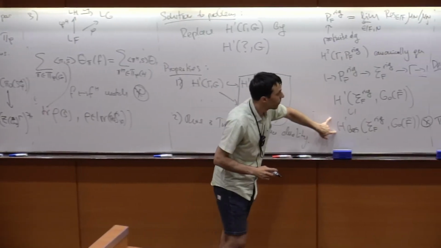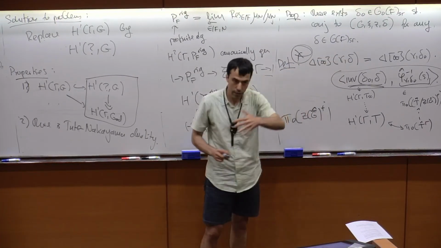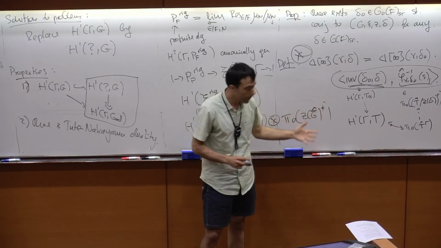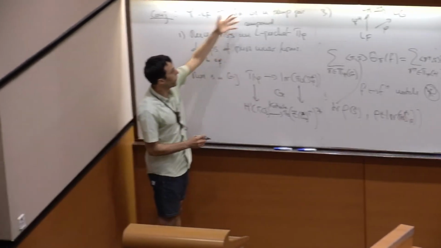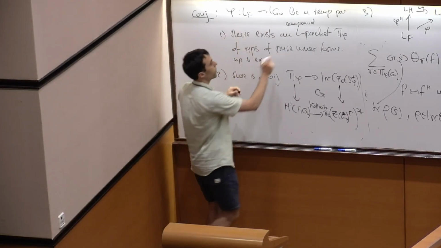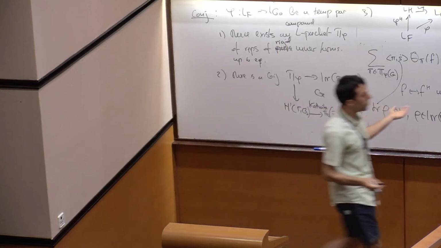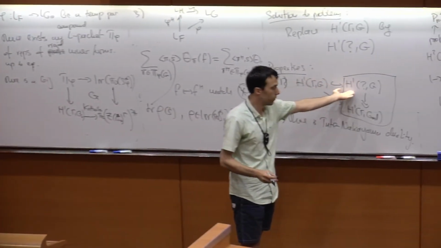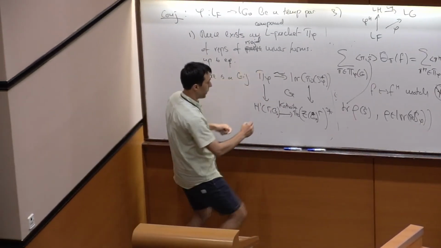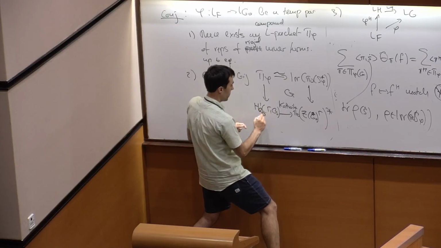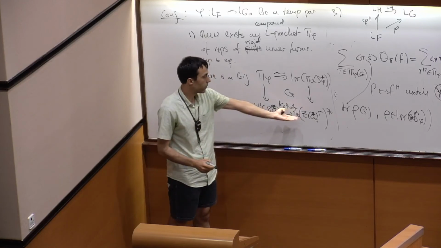Using this Tate-Nakayama duality pairing, I can extend the transfer factor in exactly this fashion. Now I have a transfer factor for every inner form that I like. And now I come here and I say, well, there should be a compound L-packet of representations of rigid inner forms, where rigid means I'm using cocycles not in Galois cohomology, but in this cohomology. There should be a bijection like this, and it should behave like this. And that's it.